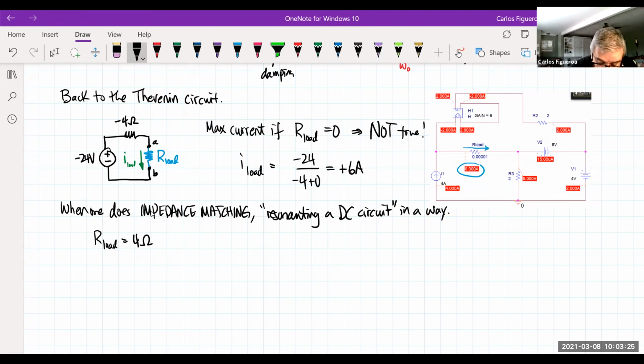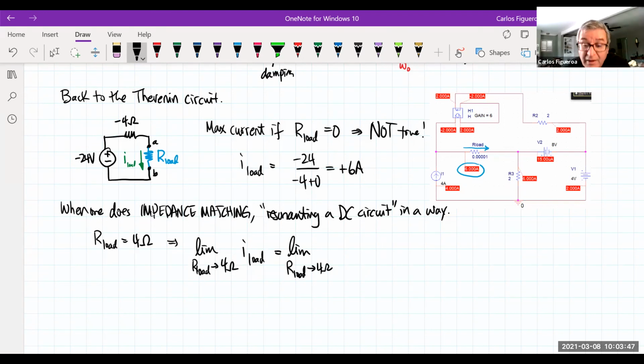And now you're seeing that in the limit, as our load goes to 4 ohms, the load current is minus 24 over minus 4 plus our load, and you can see that this thing approaches infinity.